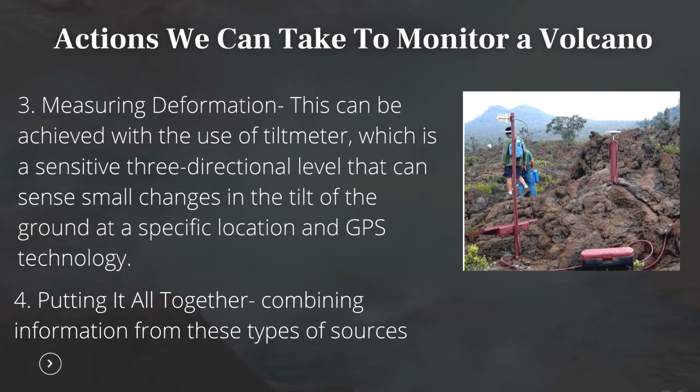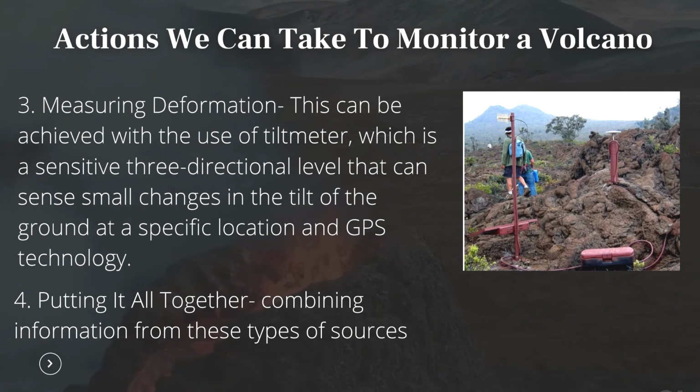Measuring deformation can be achieved with the use of a tiltmeter, which is a sensitive three-directional level that can sense small changes in the tilt of the ground at a specific location, or GPS technology. GPS is more effective than a tiltmeter because it provides information on how far the ground has actually moved.